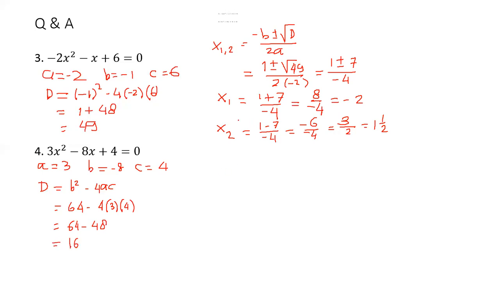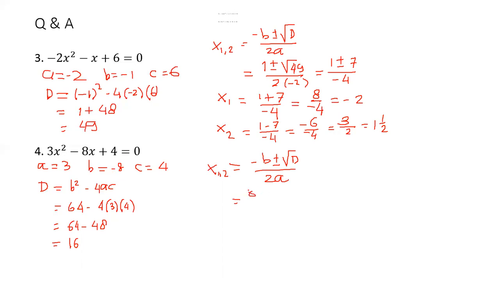Now I'm going to use this formula. x1 and 2 equals -b plus minus square root of d, the square root of the discriminant, over 2a. And the next step is -b, or negative of -8.